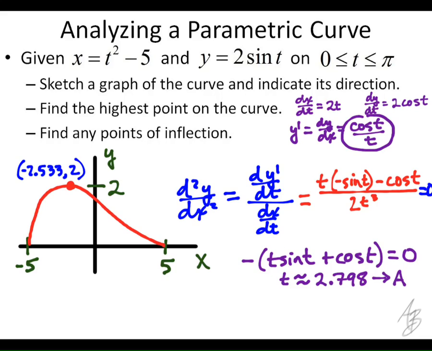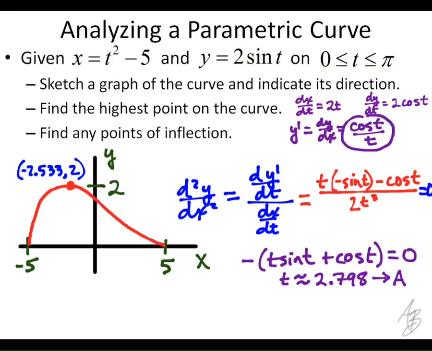And once we do that, what would we do to show this as a point of inflection? You can actually use the graph that you got to justify that it's a point of inflection. How can we justify it's a point of inflection? Plug in the numbers.